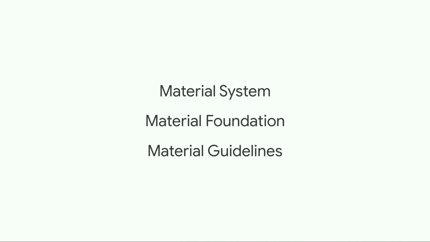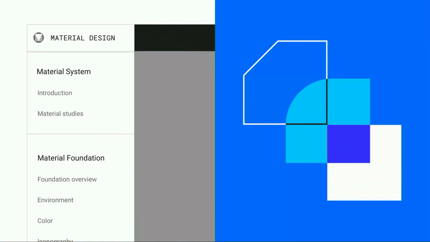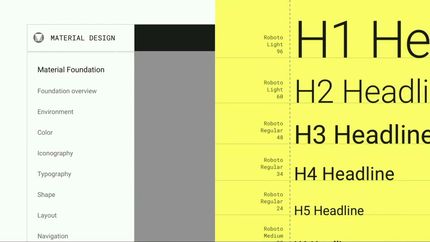The material design guidance has also been expanded and enhanced into material system, material foundation, and material guidelines. Starting with the material system section, we're giving you the general overview of material metaphors. Then the foundation section dives into the foundational UI practices. So it'll mention structural things like color, typography, iconography, shape, layout, and more.